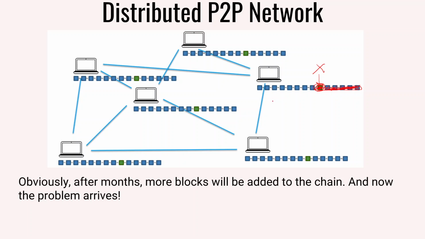Now, look at that. This computer's blockchain will see that this blockchain has these blocks to it. The neighboring computer like this will also have this part, and another neighboring one will have this part. But this blockchain does not have this part. So this computer will say, hey, I have this part, but you don't have it. This one will also say, I have this part, but you don't have it.